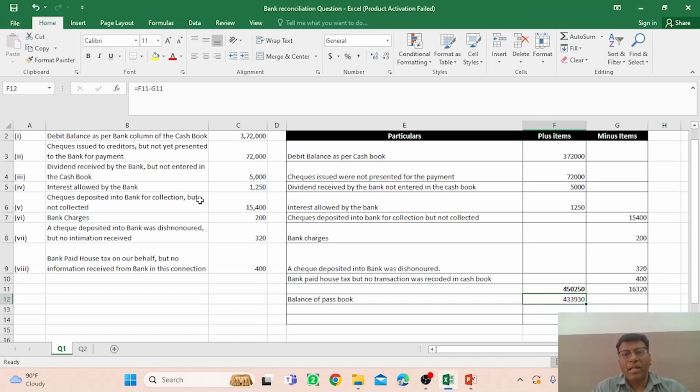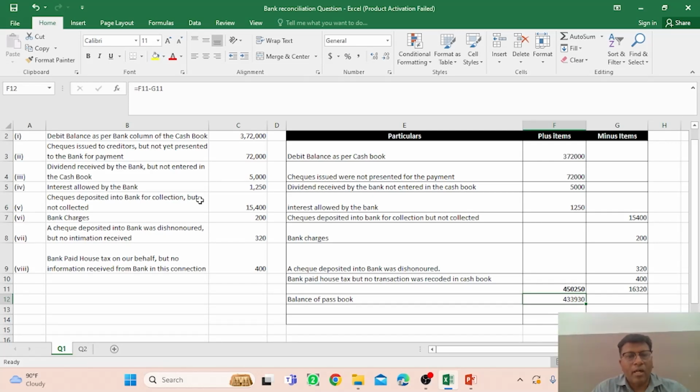But if the credit balance of the cash book is given to you, you have to write it in the minus item. Okay, and after that the transactions, as you go through, you will find what the impact is on the opposite book. If you are maintaining your cash book, you have to assume the opposite book is your passbook. So on the basis of the effect on the passbook, you have to write a particular plus or minus item.